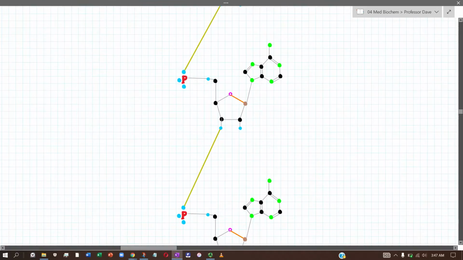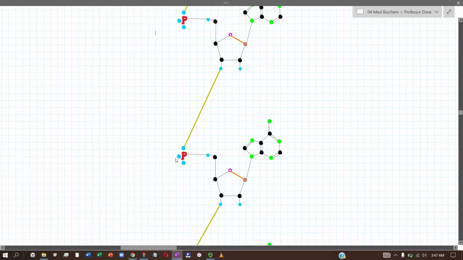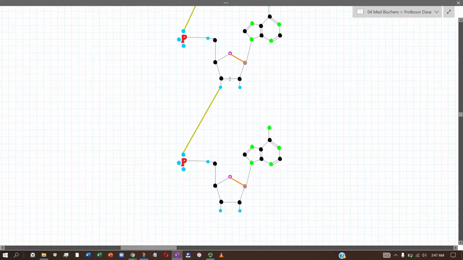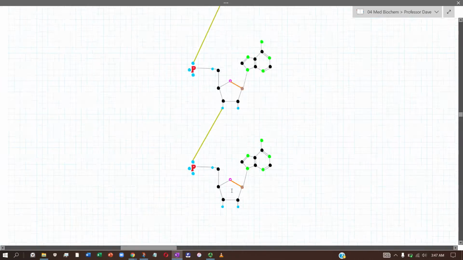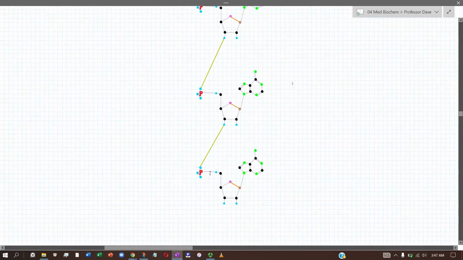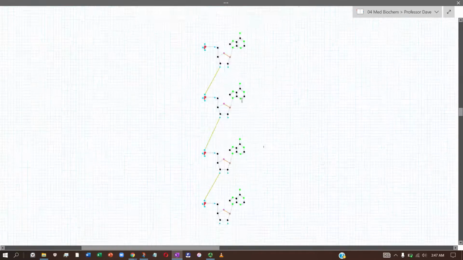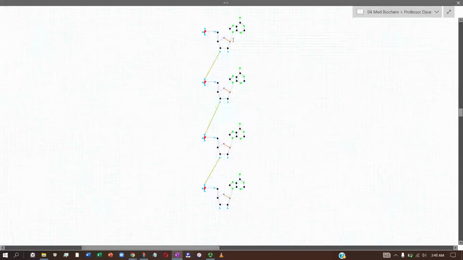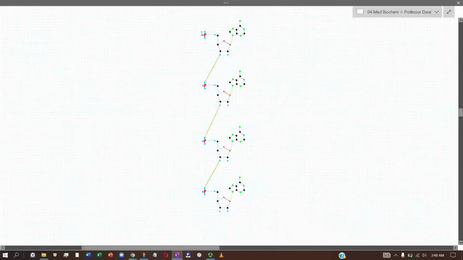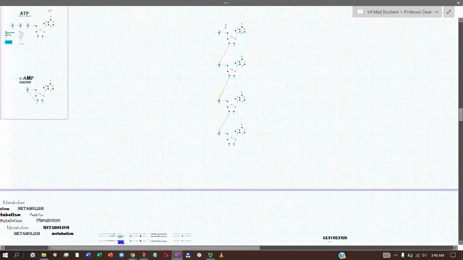This third hydroxyl group, on carbon 3, interacts with the phosphate group below, and that's how you start to form the phosphate backbone. So if you follow that, there are bonds all through here, hence the name phosphate backbone. And I only drew 4 nucleotides here, but that should be pretty self-explanatory.